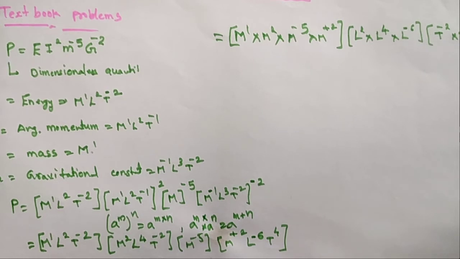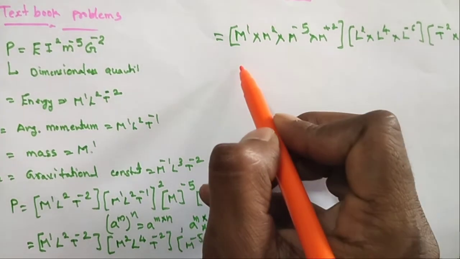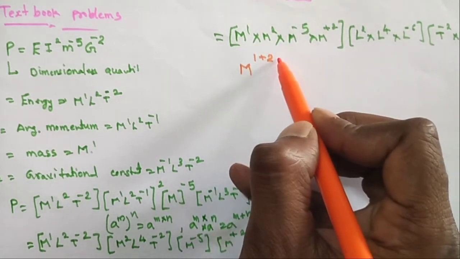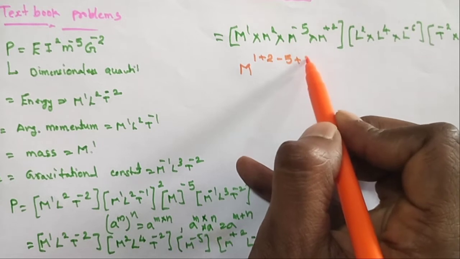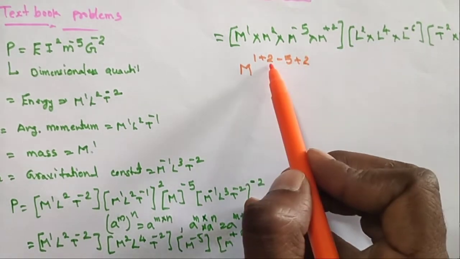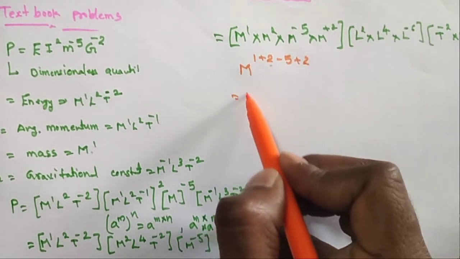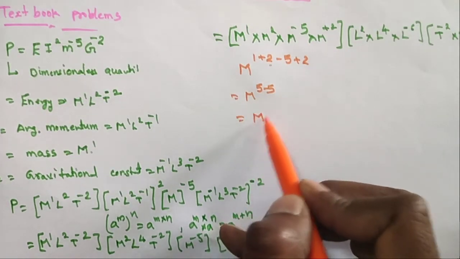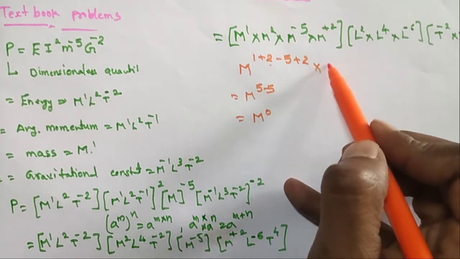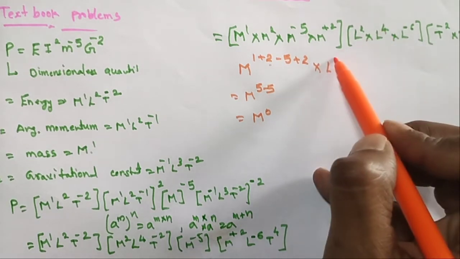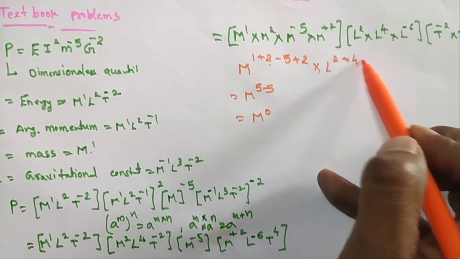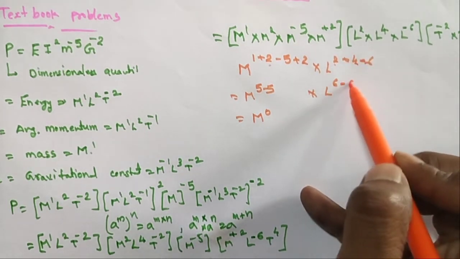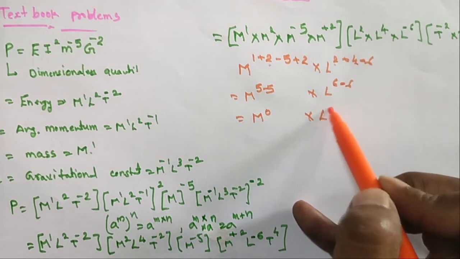Similarly here M power 1 plus 2 minus 5 plus 2: 2 plus 2 is 4, plus 1 is 5, minus 5, that is M power 0. L power 2 plus 4 minus 6, that is L power 0.